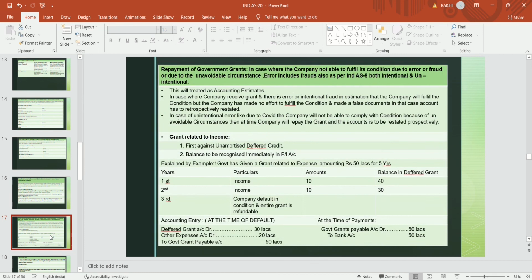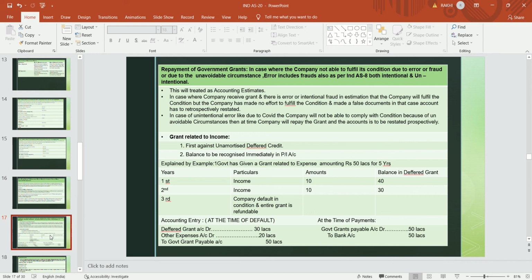Next is repayment of government grant. In case of repayment of a government grant, what happens if the company does not fulfill the condition, or the company has submitted false documents to the government, or the company has made any error or fraud in taking a grant from the government?